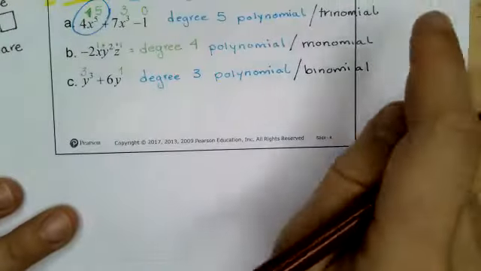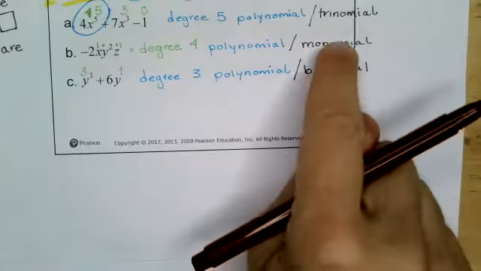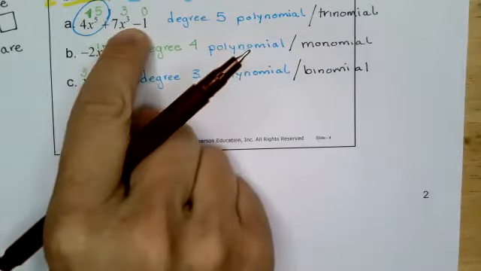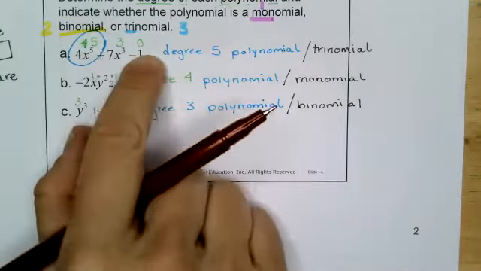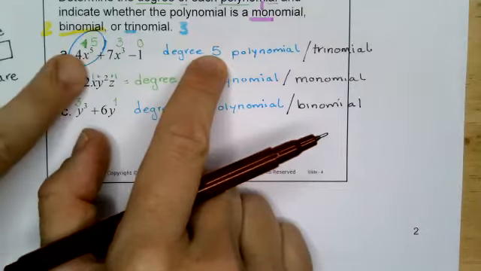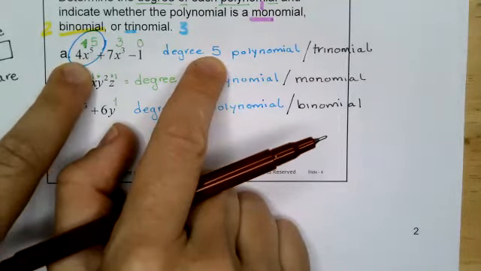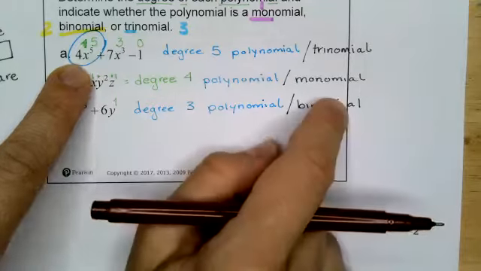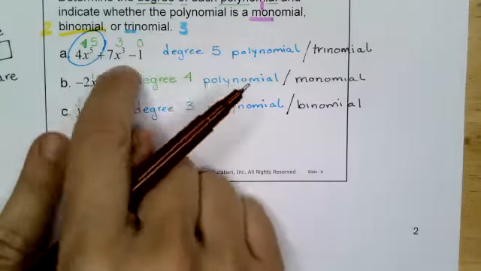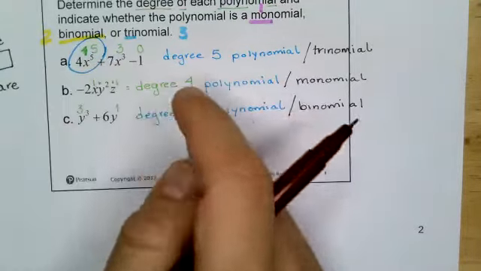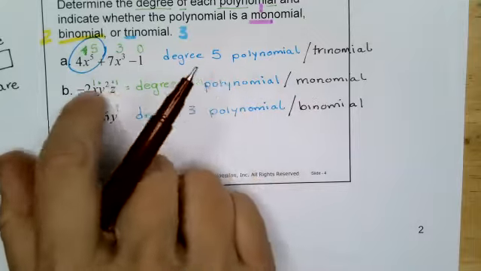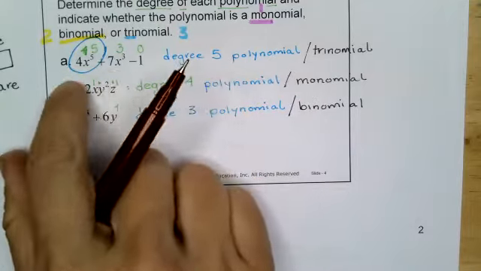All right. So this guy is a trinomial because there are 3. Trinomial of degree 5 because that term has an exponent to the power of 5. This is a monomial because there are no addition or subtraction signs between any of the variables. So there's no second term.